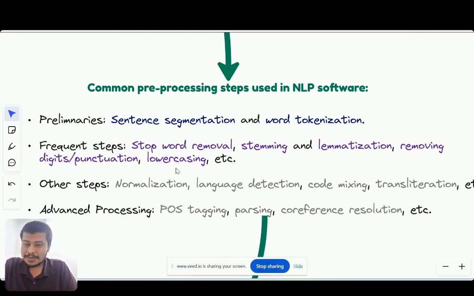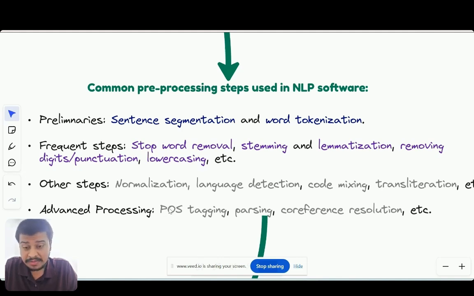So we have stop word removal. Stop words are words like the, in, at, all of that. I'll give you an example. We'll see each and everything in detail now. Then numberization, removing digits, punctuation, lowercasing. And then we have other steps as well: normalization, language detection, code mixing, transliteration. I'll give you a briefing on these as well. And then we have advanced processes like part of speech.